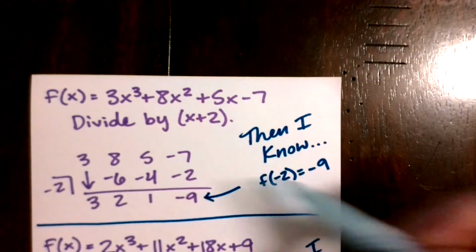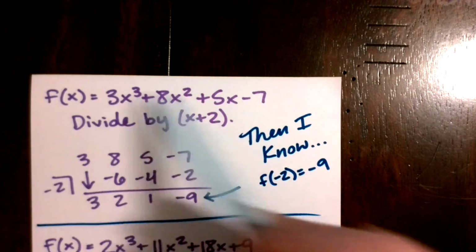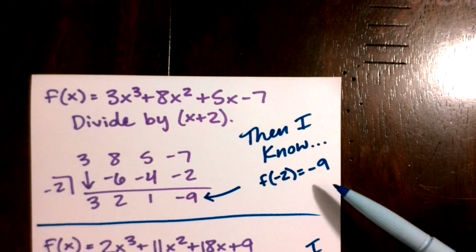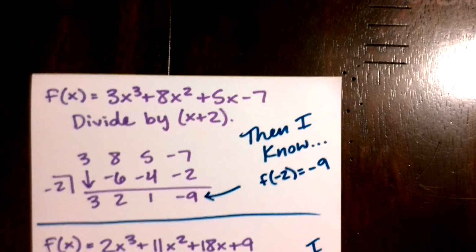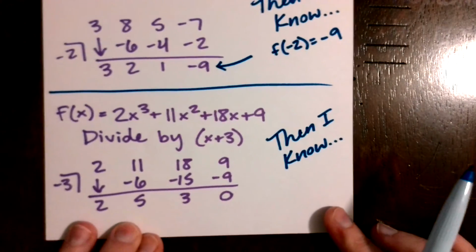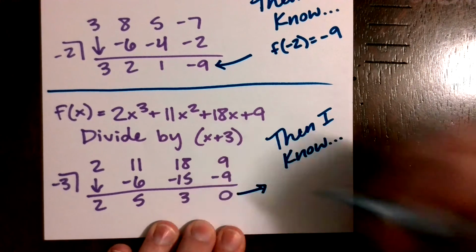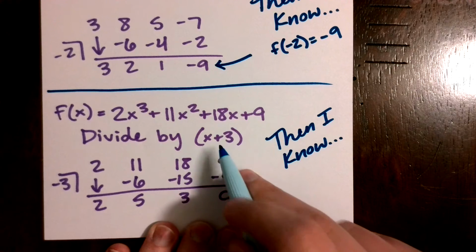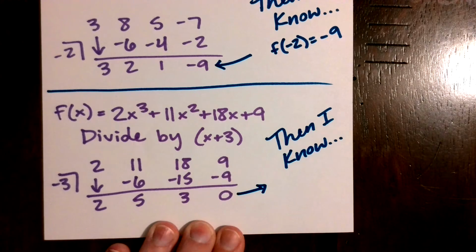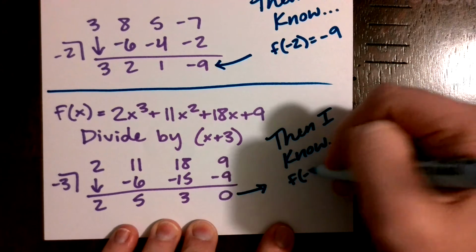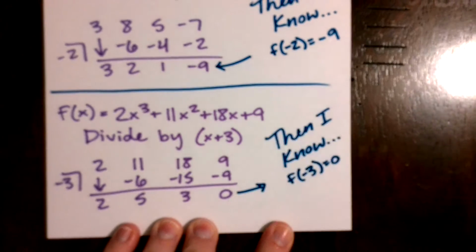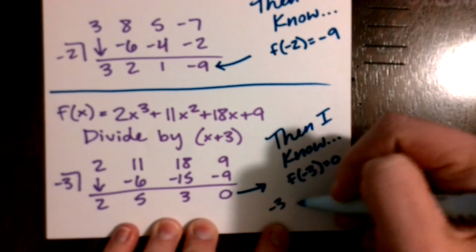Now, I don't know that that would be any faster than plugging it in, but it does give us that information, which is mostly important whenever I divide and I end up with a remainder of 0, because that tells me that my f of -3 equals 0, which means that -3 is an x-intercept.